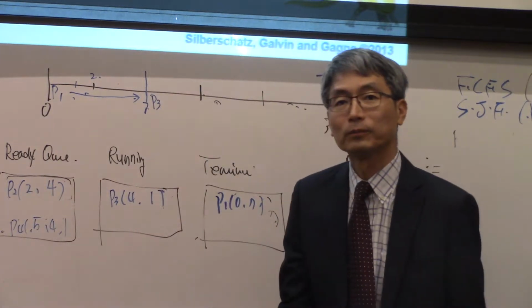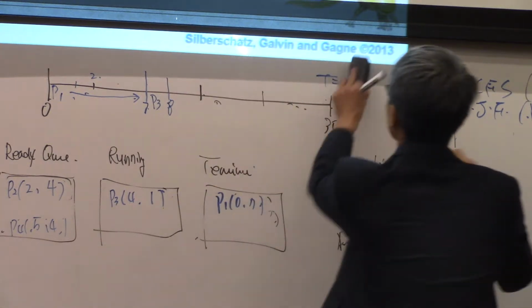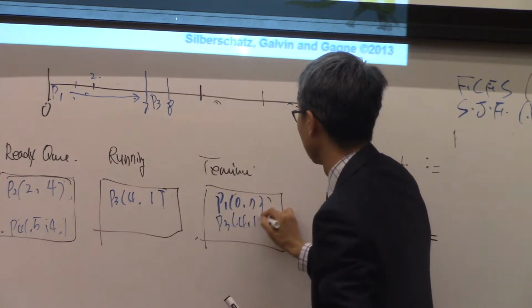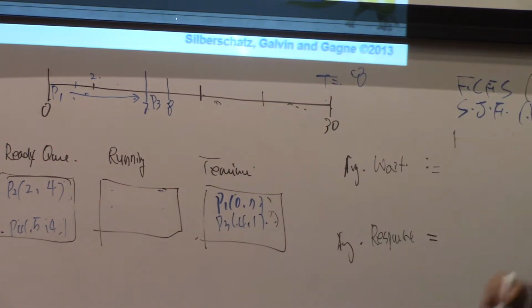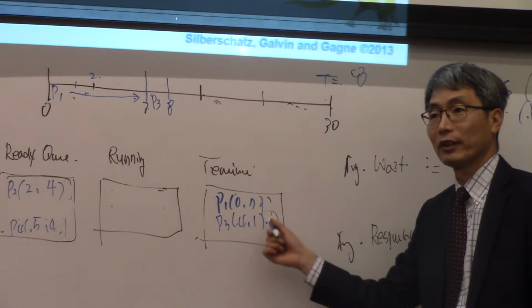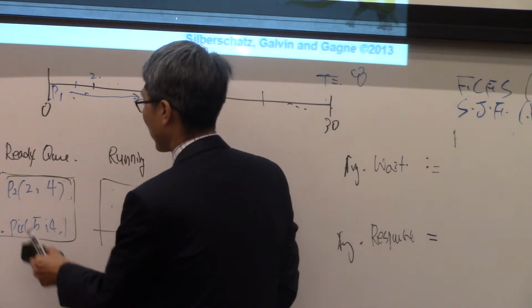How long? 1 second. So at time 8, it will be terminated. If needed, you can add the terminate time in your PCB, or we can manage it over here.